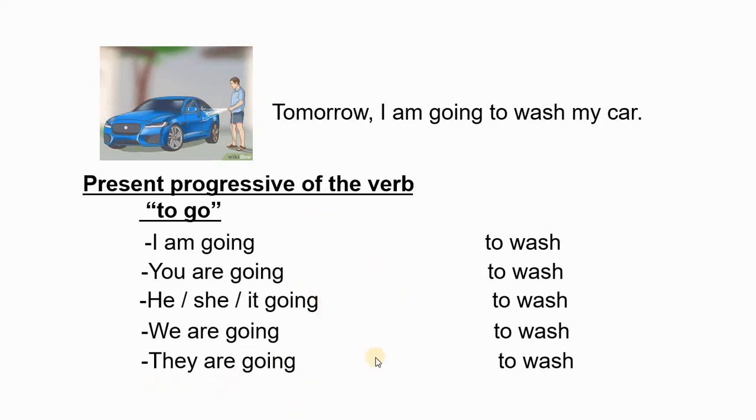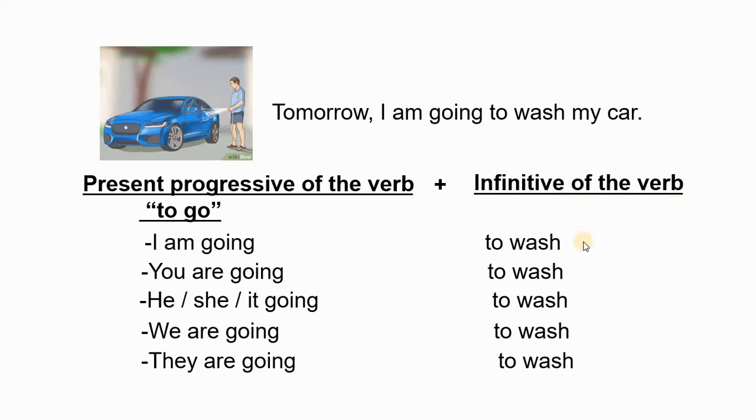And all of them are followed by the word to, and then the verb in the infinitive, so the base verb. In this example it is to wash. So to summarize, the structure is the present progressive of the verb to go plus the infinitive of the verb.